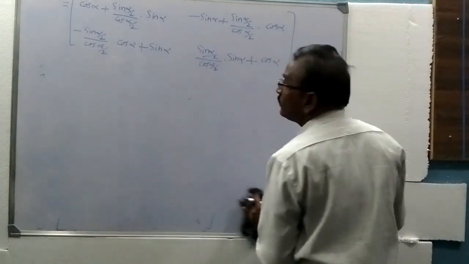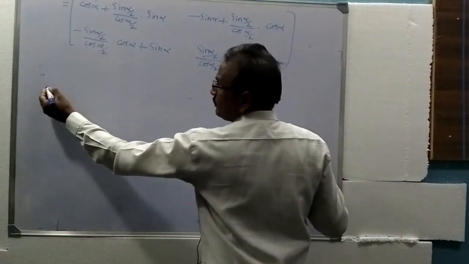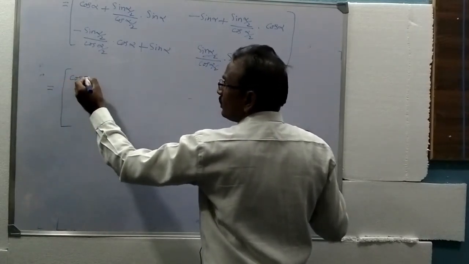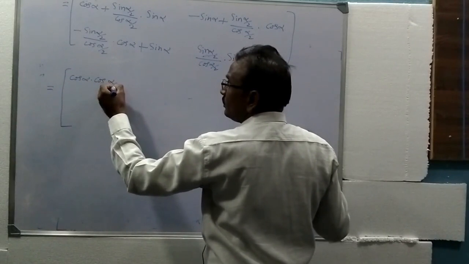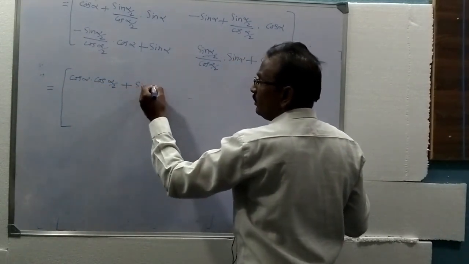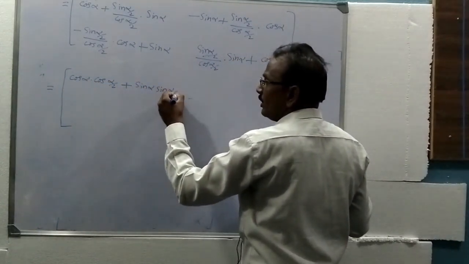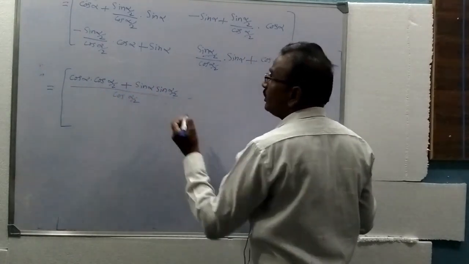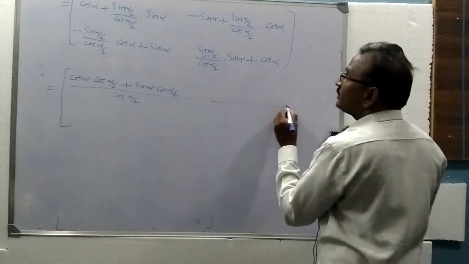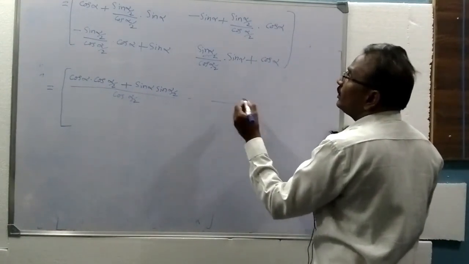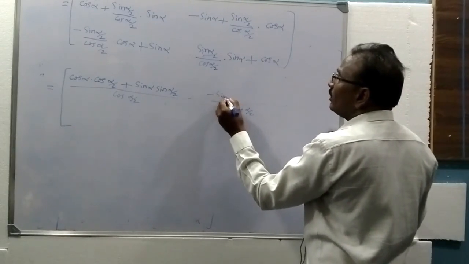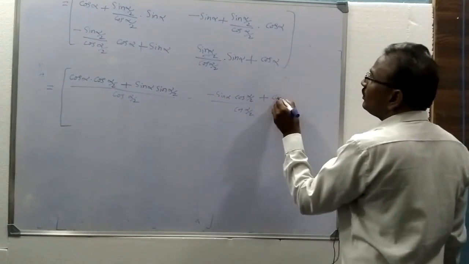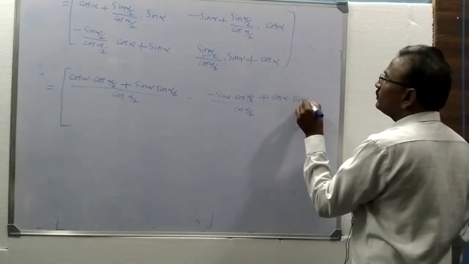So taking LCM, cos alpha into cos alpha by 2 plus sin alpha by 2, whole divided by cos alpha by 2. Next, again LCM is cos alpha by 2: minus sin alpha into cos alpha by 2 plus cos alpha into sin alpha by 2.